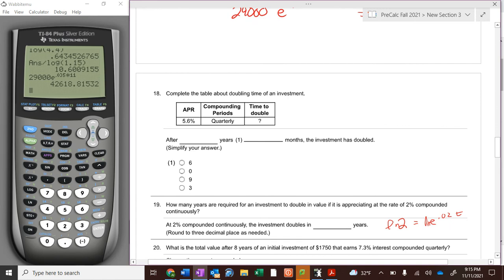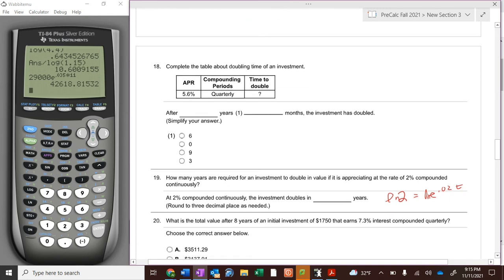Okay. Doubling time to invest. So let's say you have $1. When you double it, it becomes $2. So $2 equals $1, and it's compounded quarterly. So you're taking it times 1 plus 0.056 divided by 4 to the 4t power, or t times 4 power.